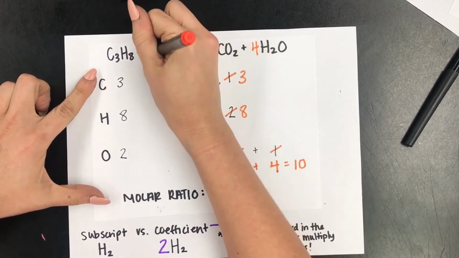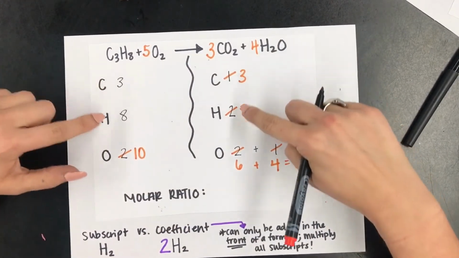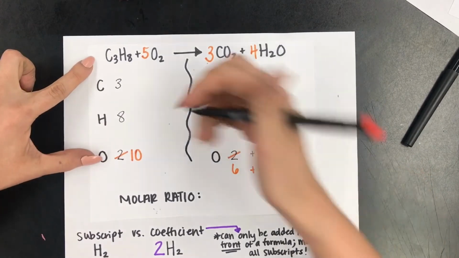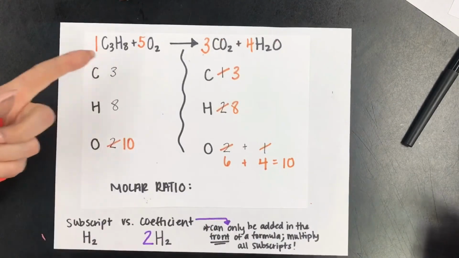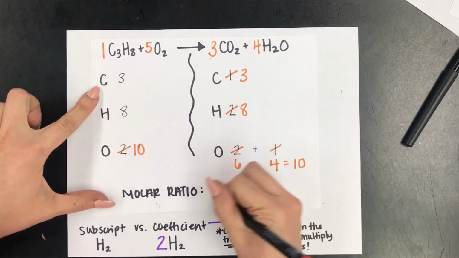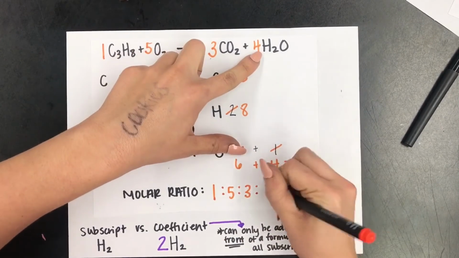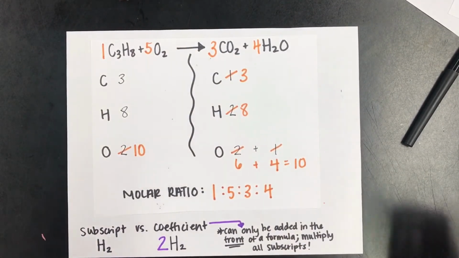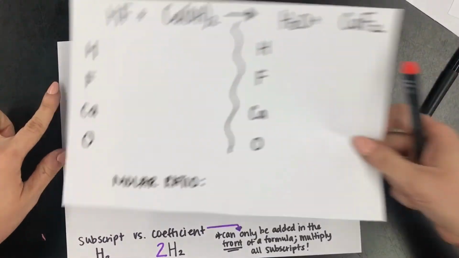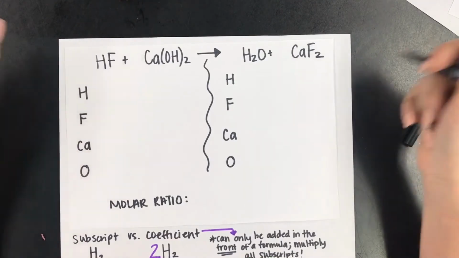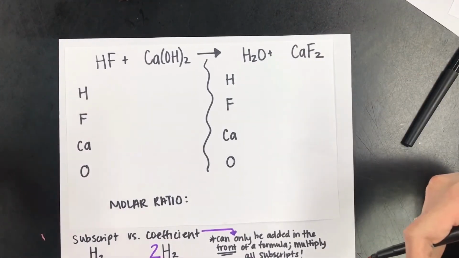The answer would be 5. 5 times 2, 10. Even, even, even. There is no number here. That means my ratio will have a coefficient of 1 there. So my ratio is 1, 5, 3, 4. Alright, if you want to try this one, you can take a second, pause the video, try it yourself, and then unpause it, and you'll see it solved.